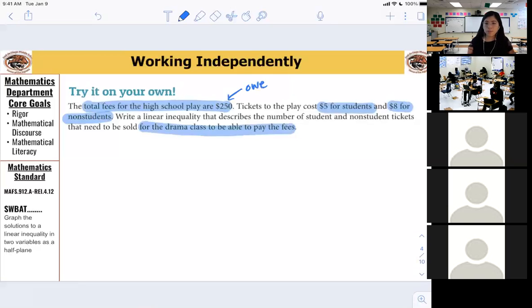They're going to earn money from the tickets, and then use that money to pay off their debt. So if you're the drama club, do you want to earn less than $250 or more than $250? More. Yeah, you want to earn more than $250 so that you can pay back your debt.